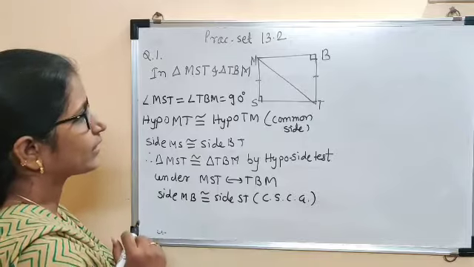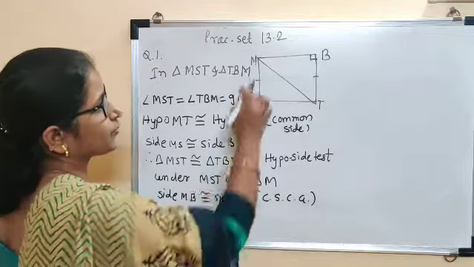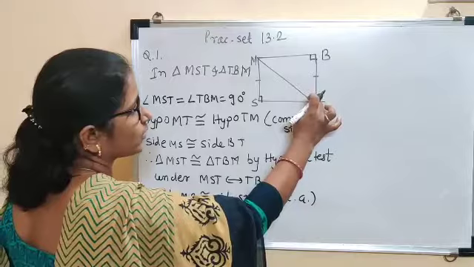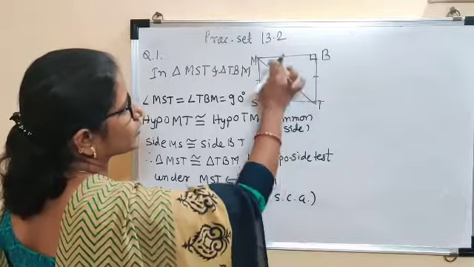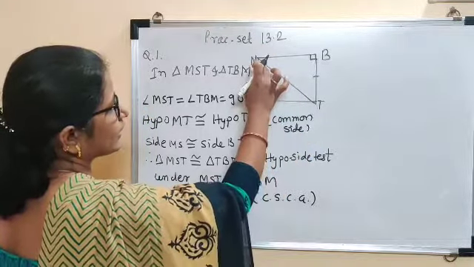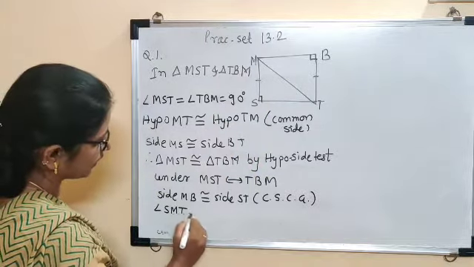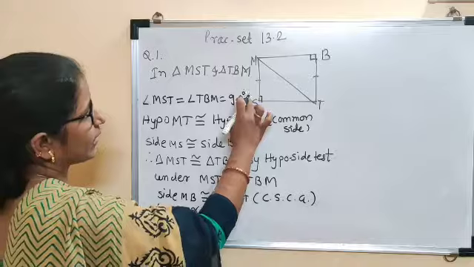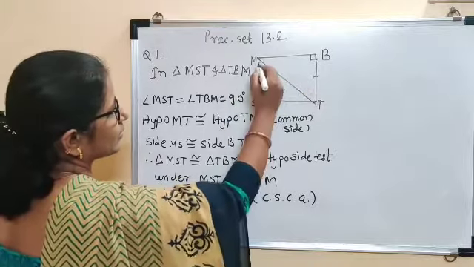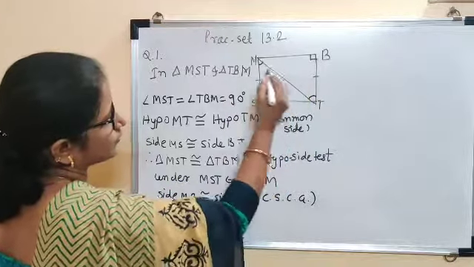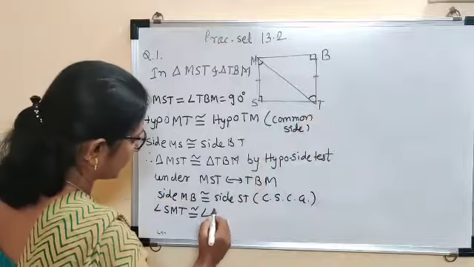Now two angles are again congruent. Which are they? This M is congruent to T, and this T is congruent to this S. So this angle's name is angle SMT, congruent to angle MTB.